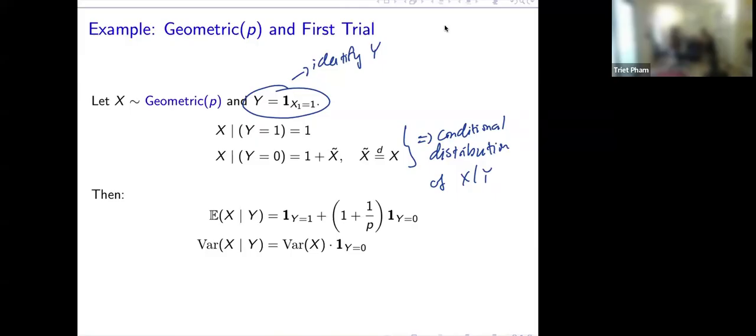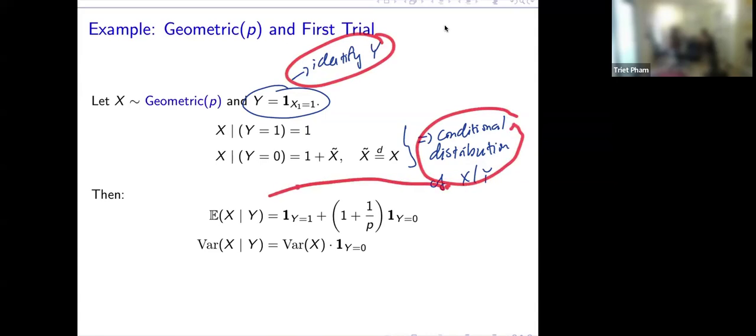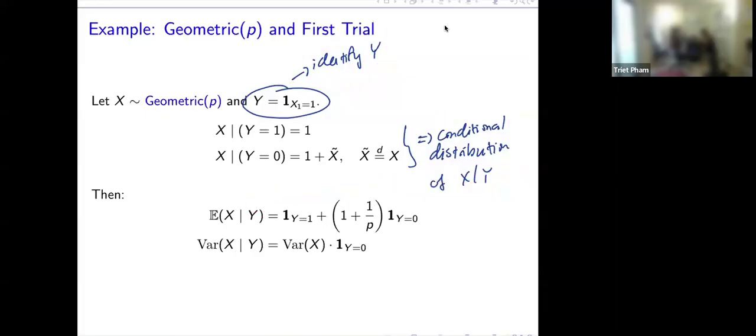But if you find the wrong one, the analysis below will either be impossible or super annoying. So identify the appropriate random variable to condition on, find the conditional distribution, and then from the conditional distribution you can work out the conditional expectation and variance. So this is the computation: average out.